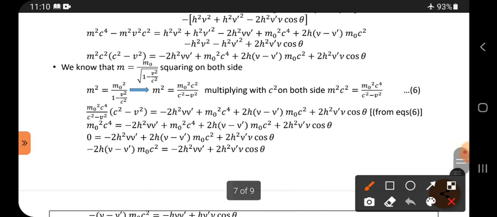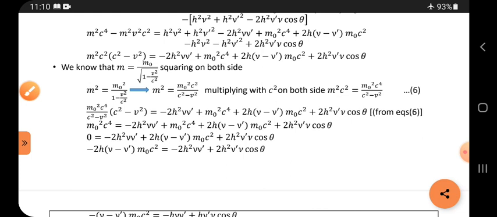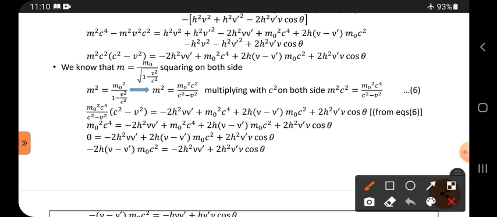And we know, as I said in the beginning of this topic, m is equal to m naught by root of 1 minus v square by c square. So square it on both sides. Squaring, we get m square equals m naught square by, here the root cancels, so it is without root. And next, c square is common here, take the LCM c square in the denominator, then c square by c square goes upside.